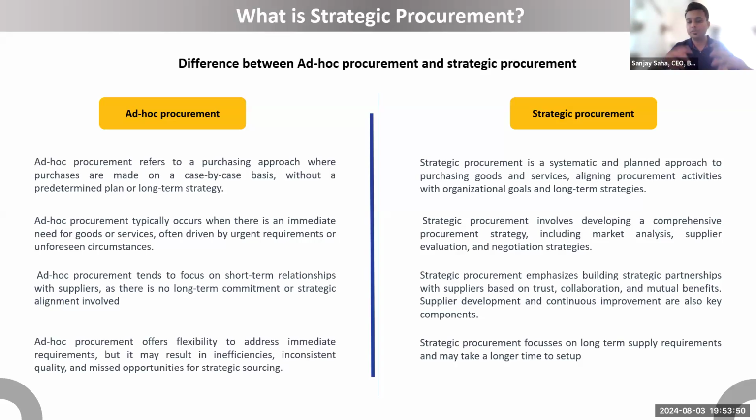Strategic means you have to think long-term and plan with the various stakeholders involved in the process. It involves developing a comprehensive strategy, market analysis, supplier evaluation, and negotiation strategies as well. All this, if you do, would be termed strategic procurement. It emphasizes building strategic partnerships with suppliers.